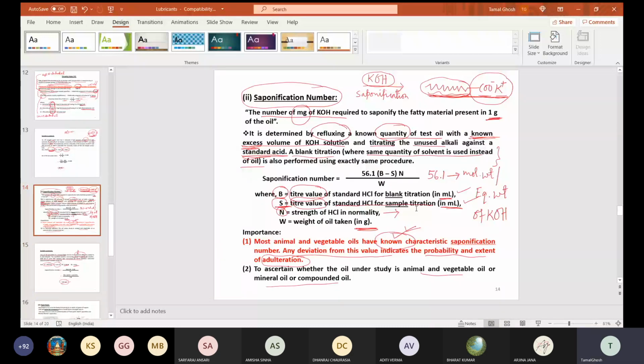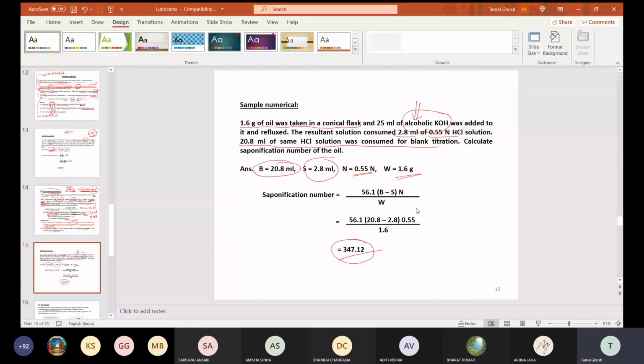If the oil is floating above, the reaction won't take place, because the oil is in some other phase and KOH is in the aqueous phase.